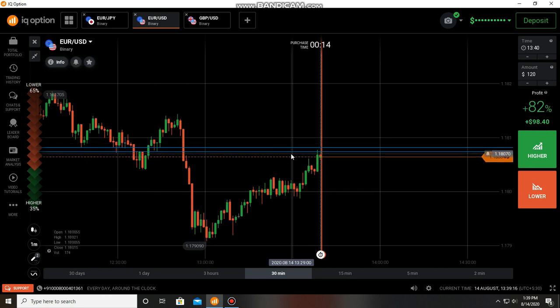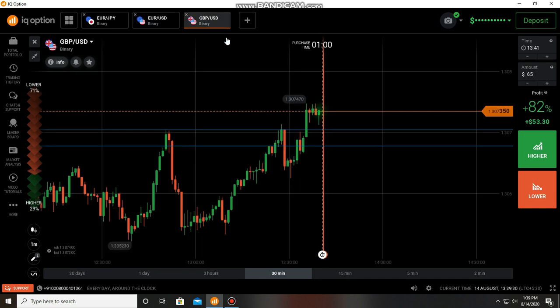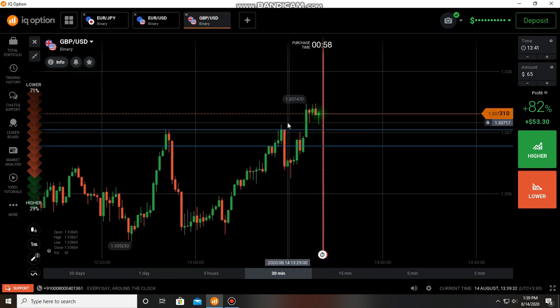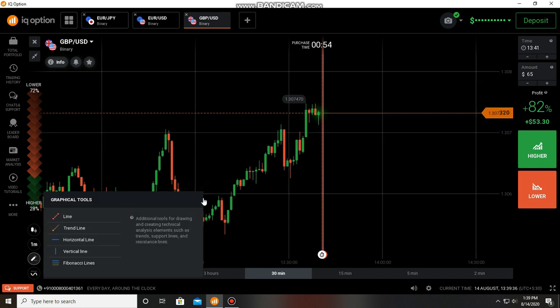But I don't take trade in this candle. We can wait for the closing. Sometimes it will go more. It will make another bullish candle too. So here also the market is consolidating.